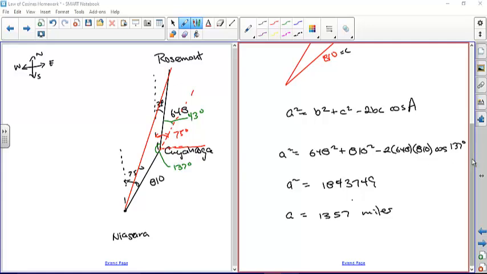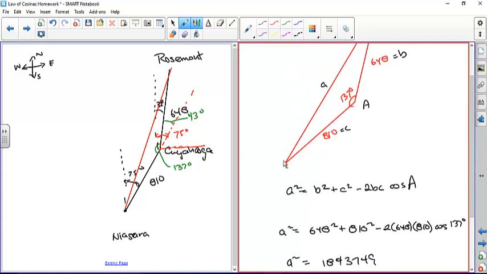Okay, so that's correct. Now, to find the bearing of this part right here, so this is the bearing that I'm looking for. I know the angle between north and here, that's 75 degrees. So if I find this interior angle, I can take this angle and subtract that angle.